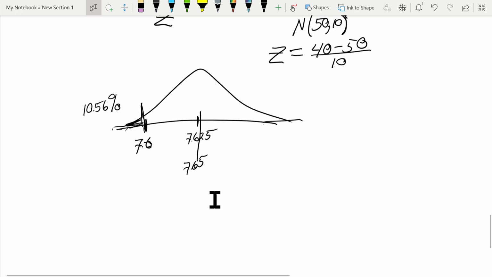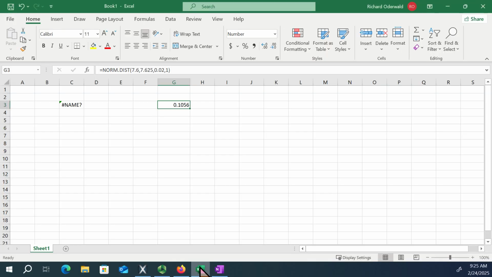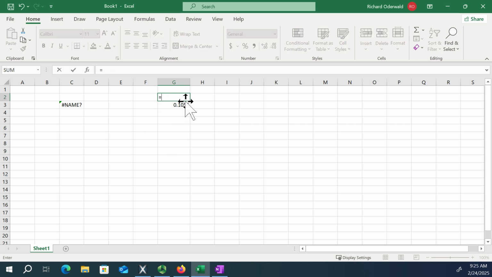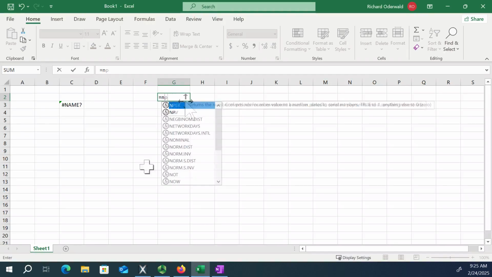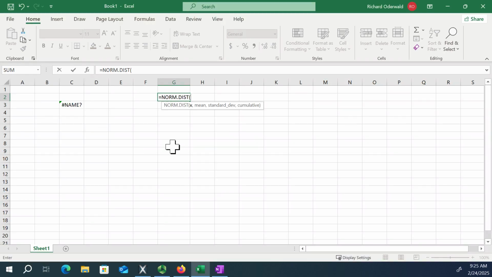So I go back to binom.dist, and I'm going to put it above because I'm going to do something else here, equals norm.dist, and this time I want to put in 7.65.